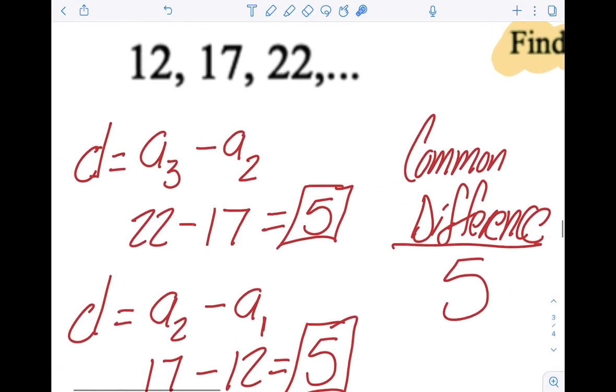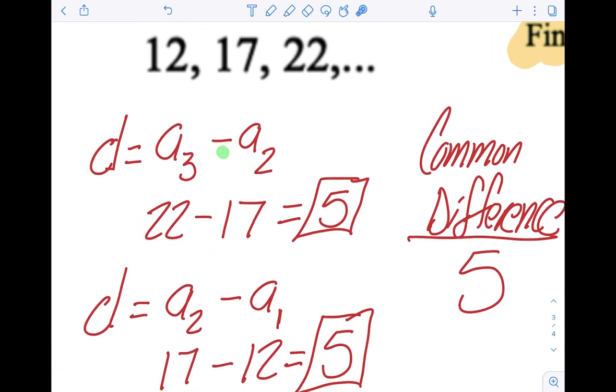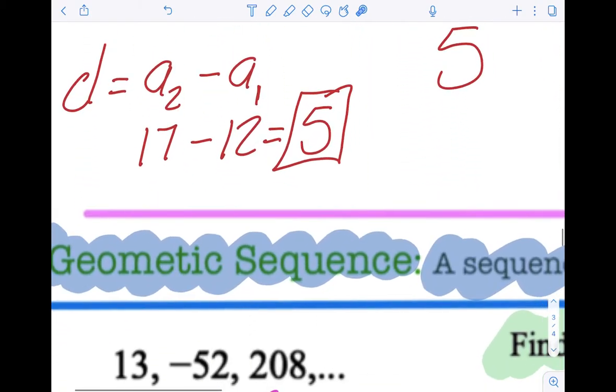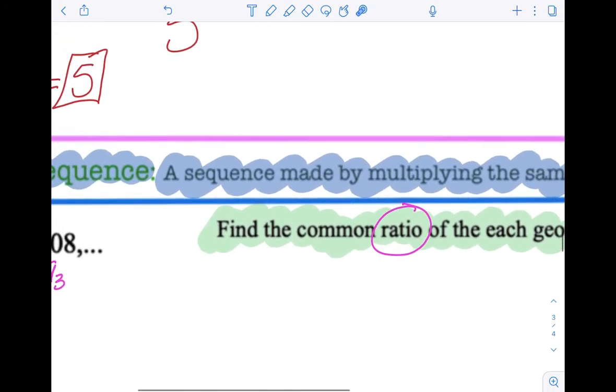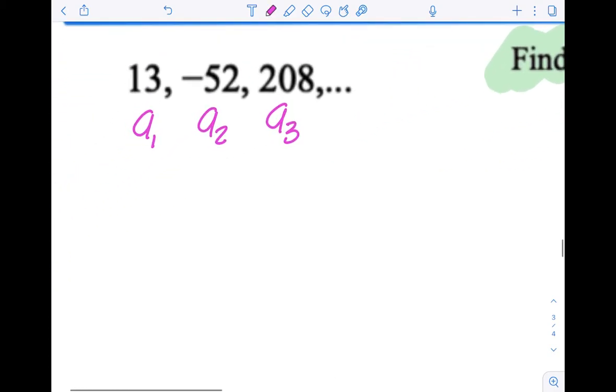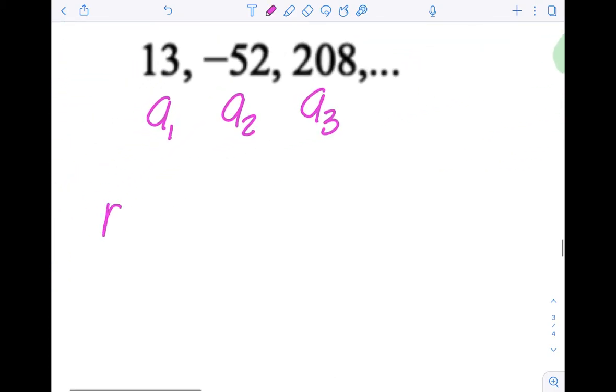So we went backwards. We subtracted to find the common difference. When I went from 22 to 17, I subtracted. When I went from 17 to 12, I subtracted. So the opposite of adding is subtracting. Kiddos, what is the opposite of multiplying? Exactly, dividing. So we're going to say the common ratio here is the third term divided by the second term.